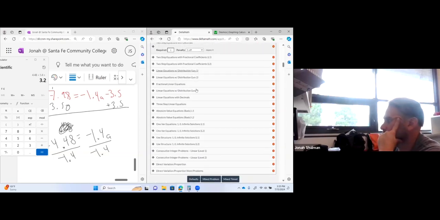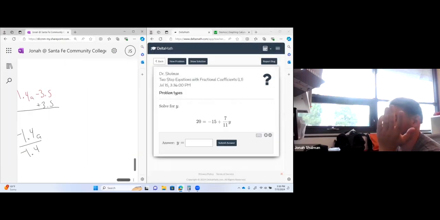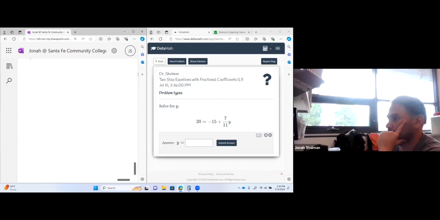All right, let's go even harder. So now we're even tougher, right? Now we've got fractions with more steps. So here we go. 20 equals negative 15 plus 7 over 11y. First step I'm going to do is add 15 to both sides.